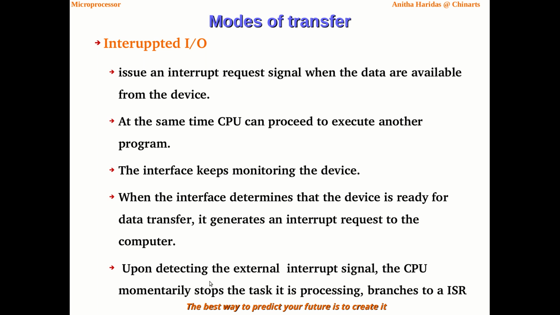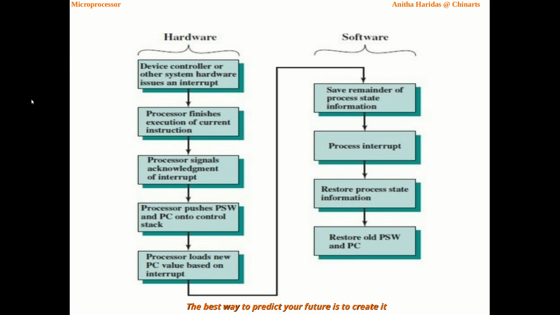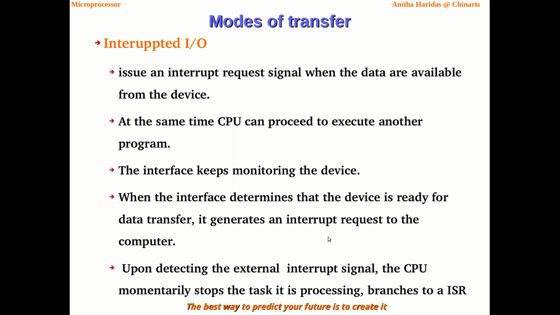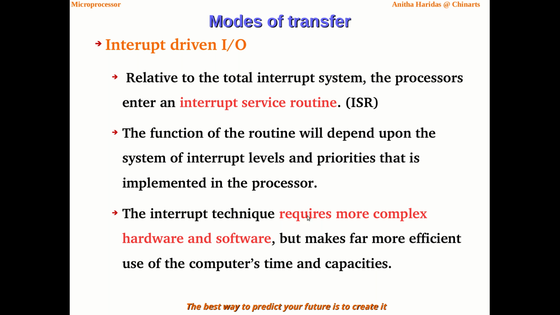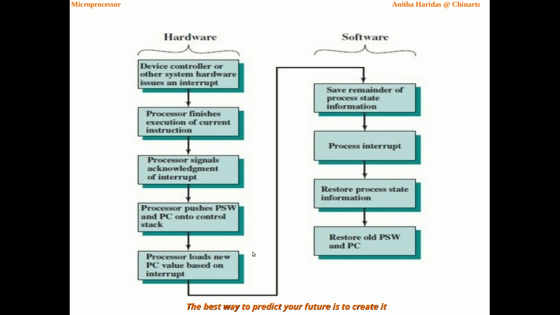Upon detecting the external interrupt signal, the CPU will momentarily stop the task it is processing and branch to the interrupt service routine. So this is what happens, and it requires more complex hardware and software. This is what we require in the software and in the hardware for processing the input output.